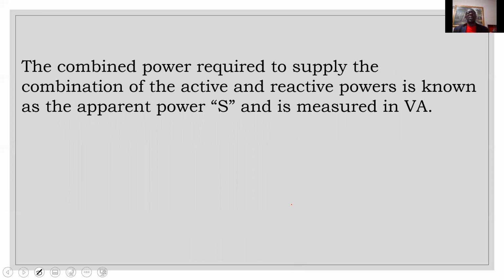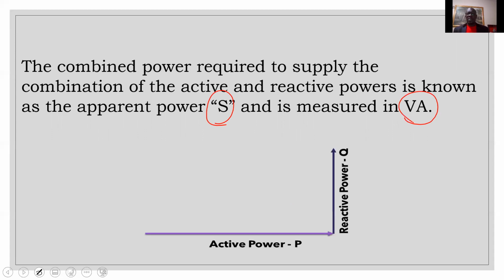Now, when we combine those two powers, so the combined power required to supply both the active and reactive powers is known as the apparent power. And this is designated using S, and it is measured in volt ampere. So it's really a direct product of voltage and current.